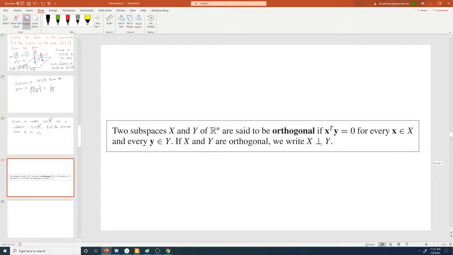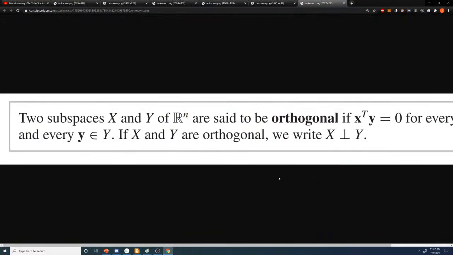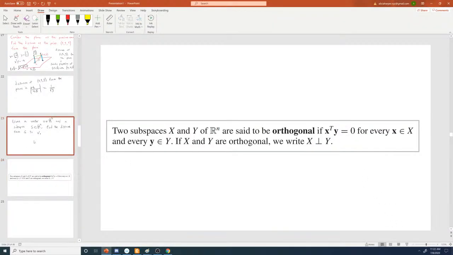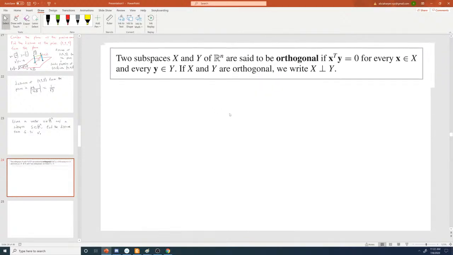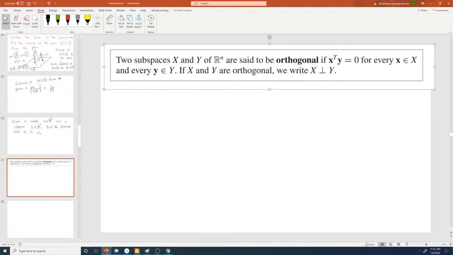And so this is read, X is orthogonal to Y. So we already have one example of this, namely the one we just did.